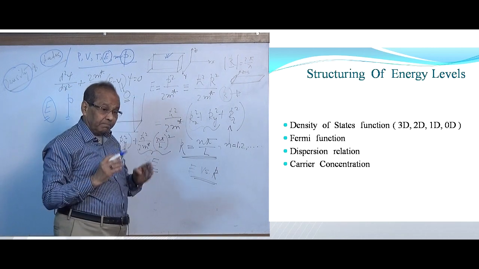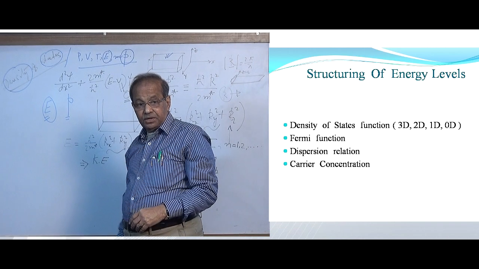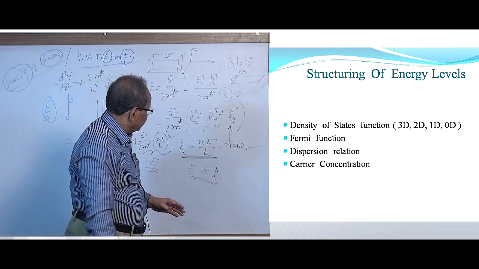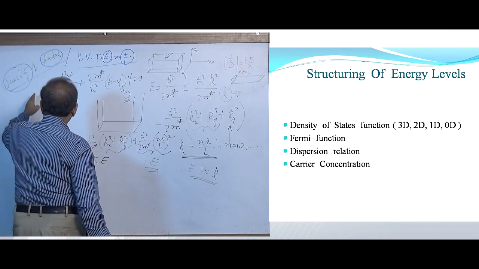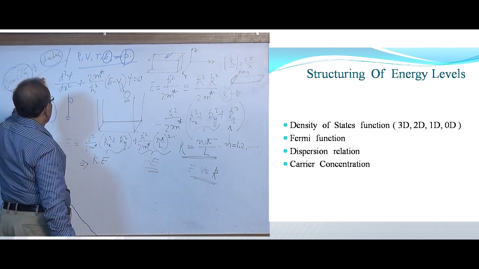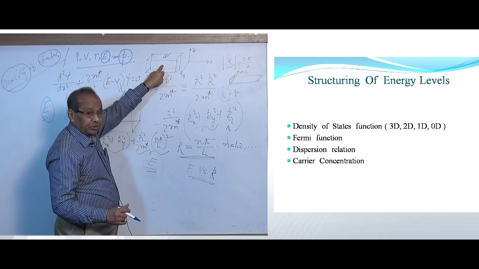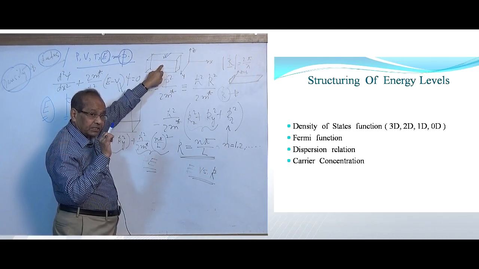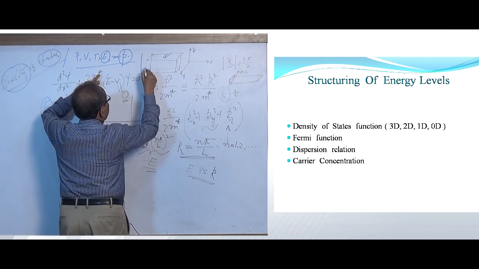But this is not the complete definition of the density of states. To complete the definition, I must say not only in unit volume, but you also count those states within a unit energy interval.